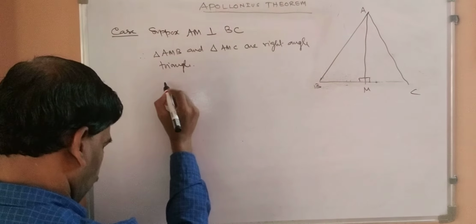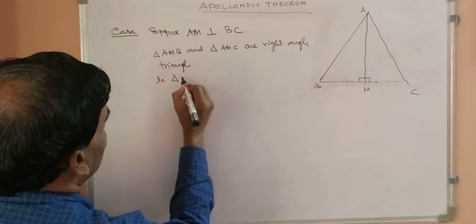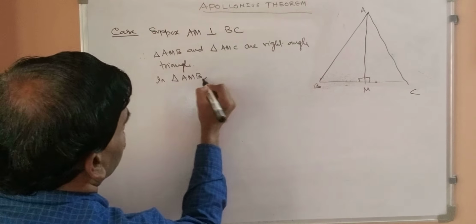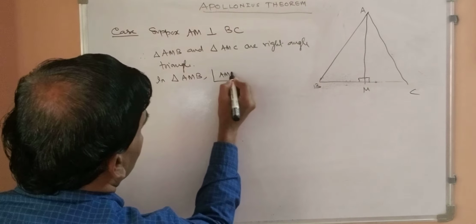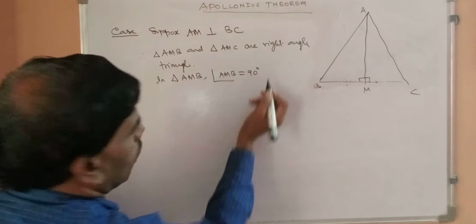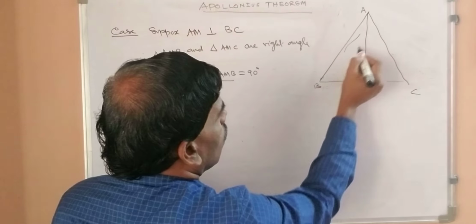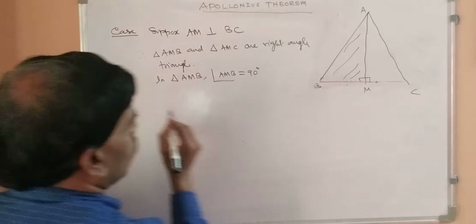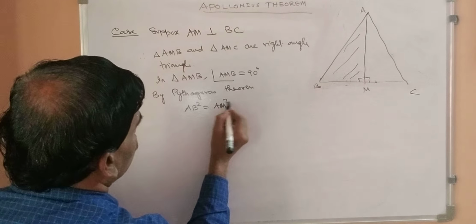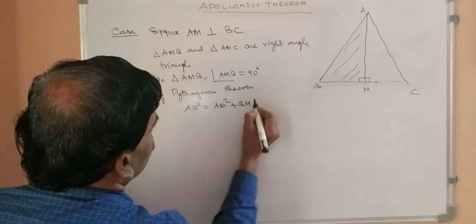Therefore, in triangle AMB, angle AMB equal to 90 degree, right? Therefore, by Pythagoras theorem, hypotenuse square. AB square equal to AM square plus BM square.